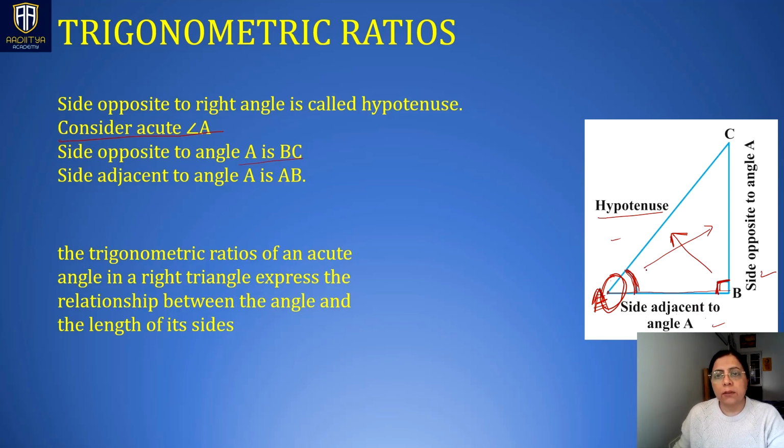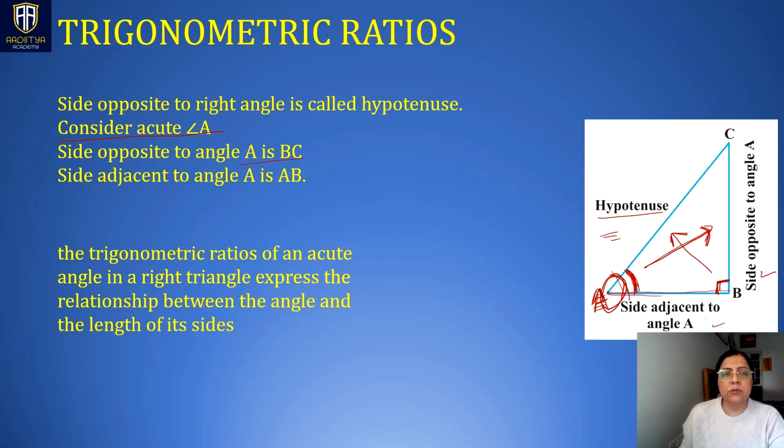You can see that if A is here, the side which is not in contact with A is the side opposite to A. And the side adjacent to A, apart from the hypotenuse: angle A is made between AC and AB. AC is already termed as the hypotenuse, so AB is called the side adjacent to A. I hope this terminology is clear.